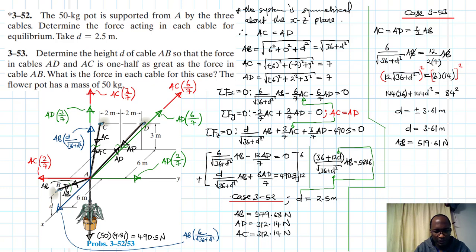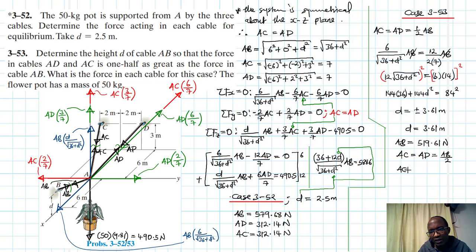Just repeat: 36 plus 12 by 3.61 divided by root of 36 plus 3.61 squared. Okay, 5886 divided by that, 519.61. Since we know this relationship here, it is half the value, so therefore AC is going to be equal to AD, which is just equal to half this, right?